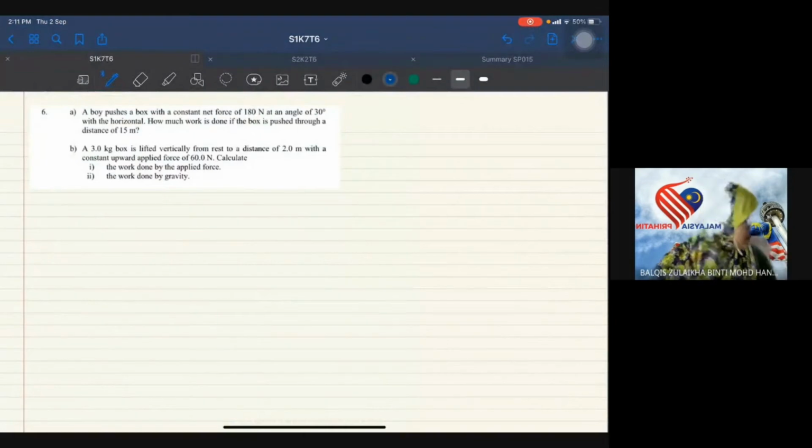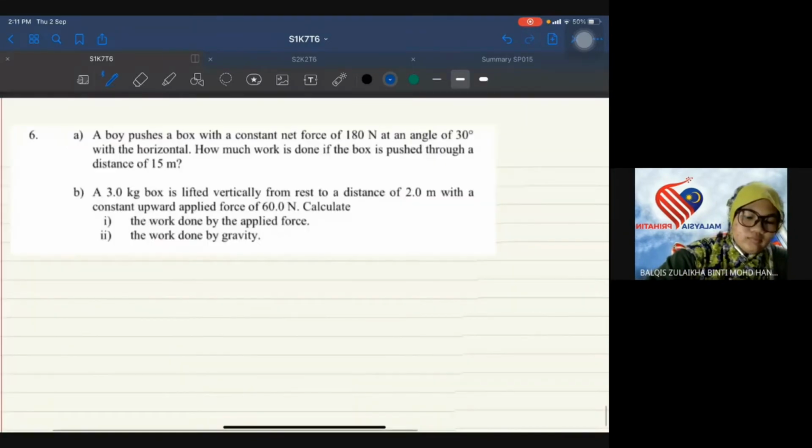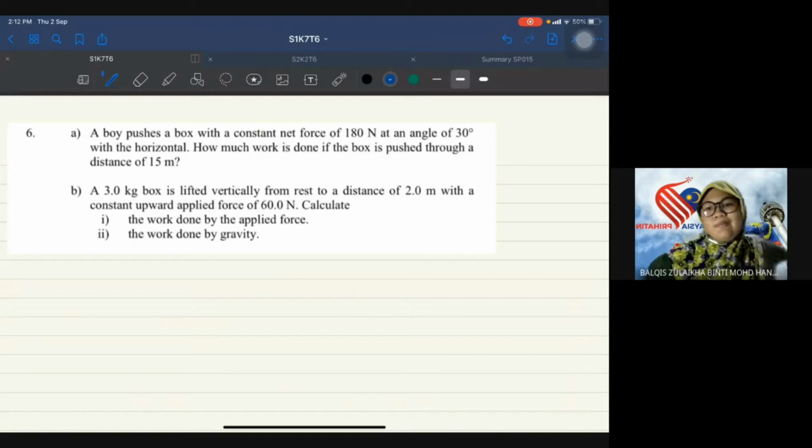Question number 6. A boy pushes a box with a constant net force of 180 Newton, at an angle of 30 degrees with the horizontal. How much work is done if the box is pushed through a distance of 50 meters? It seems easy, but no harm if you try to draw it out.